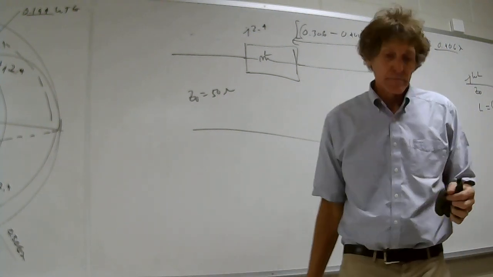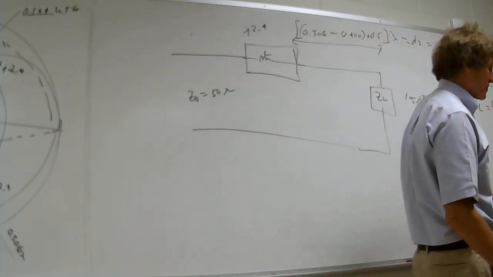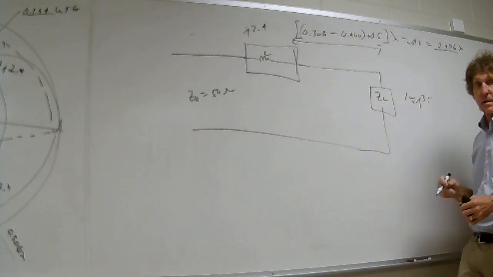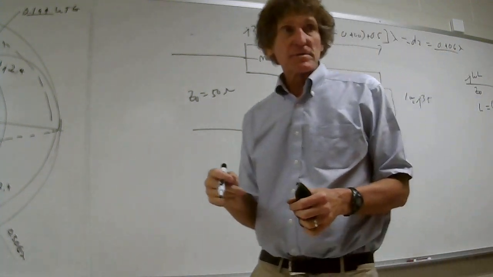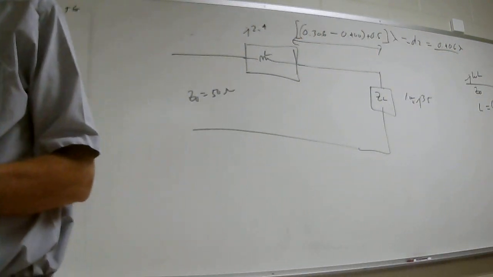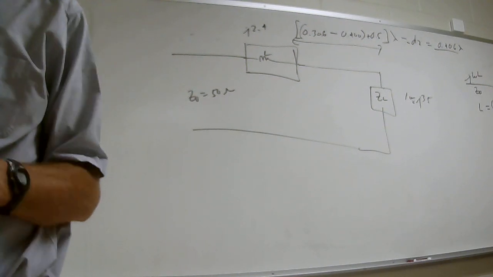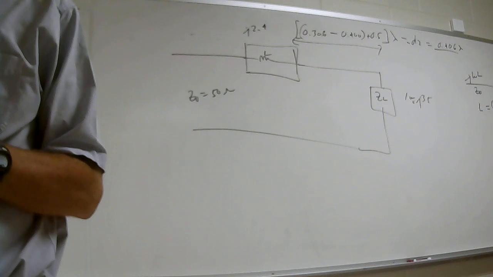I got 19.1 nano. Anybody confirm that? You got that, Chase? Yes, sir. You guys get it? I say this because sometimes the first answer isn't the right one. You guys got that? No, that's right.